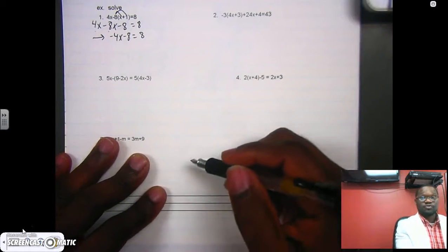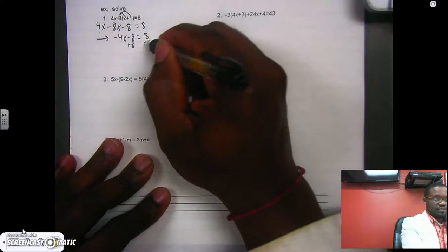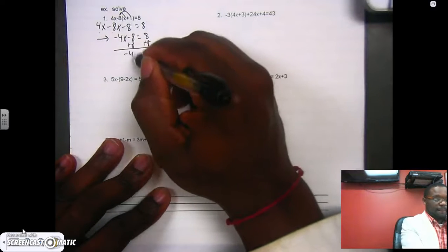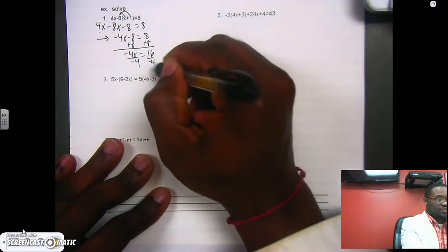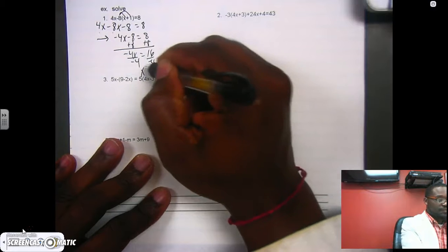Now step number 2 says to combine like terms, and notice on the left hand side, those two right there can become negative 4x. Now notice this step right here is a two-step equation, one that we've done many times so far. And so in a two-step equation, you remove your addition and subtraction first. And then I divide by negative 4, which gives me x equals negative 4.